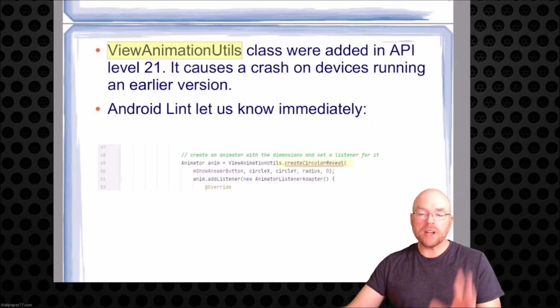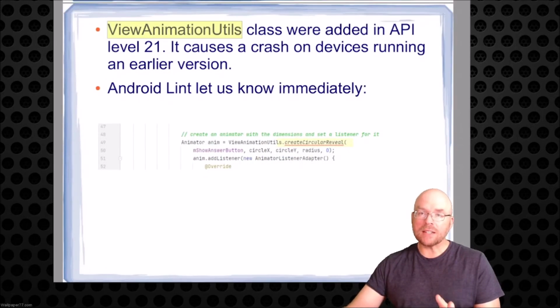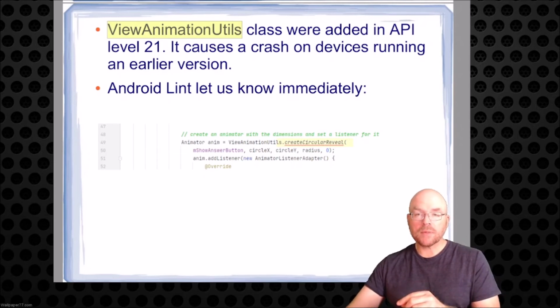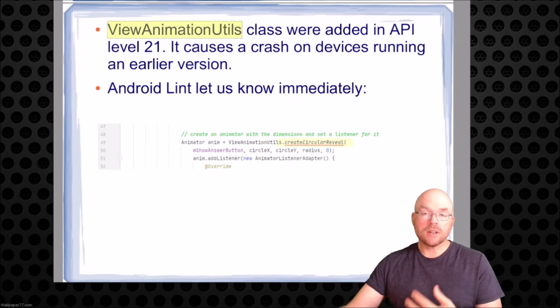But remember, our minimum API that we set was 19. That means there are devices that could be trying to run our app that are API 19, and this code right here needs API 21. So Android API 19 doesn't know what to do with this. It's like, I don't even know what this is.